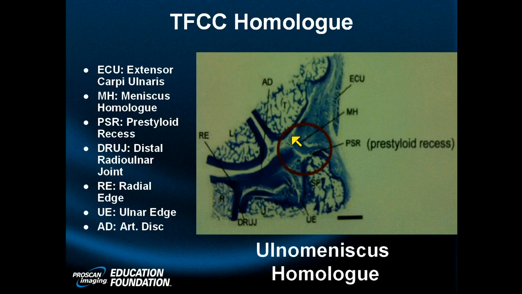What about out here? Out here, we've got a band known as the lateral lunate ligament. It is also known as the triquetral portion of the ulnocarpal ligament. Don't worry about the name. Just remember there's a band there. And what does that attach to? Some tissue called the meniscus homologue. What is it?